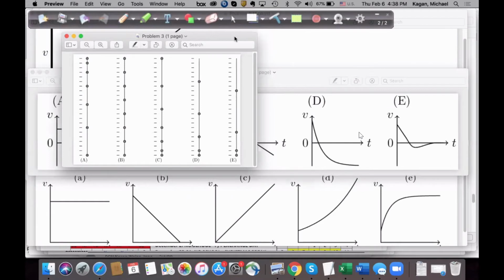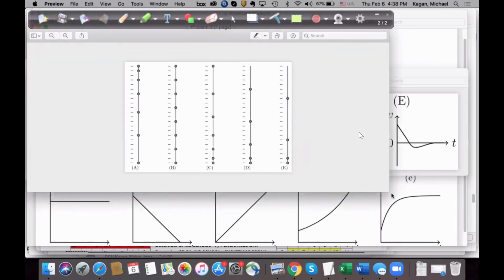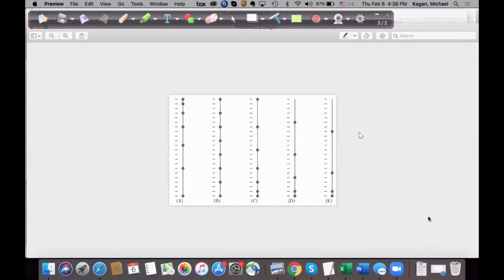Okay, this is an interesting one. Have you seen this before? Yeah. So this is a bunch of beads on a string, and one tick mark is 5 meters.